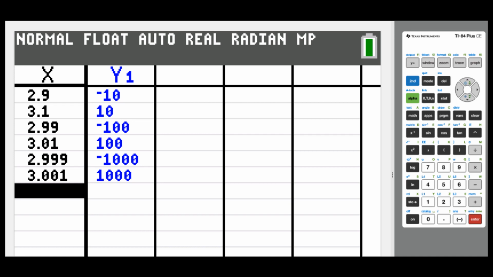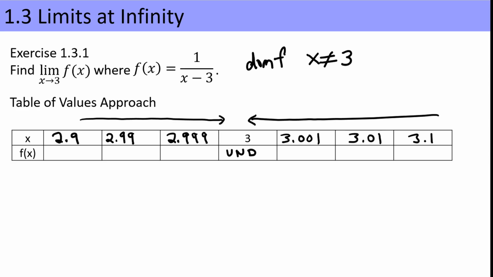Let's transfer these values to our table. Transferring the values from the left end, 2.9 was negative 10. From the right end, 3.1 was positive 10. From the left end, the value we chose was 2.99, and that gave us negative 100.